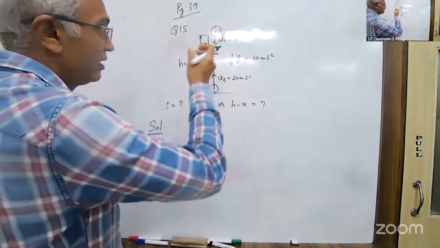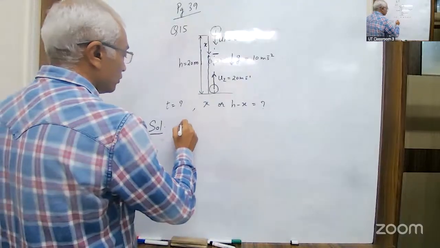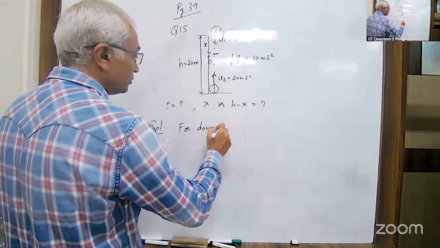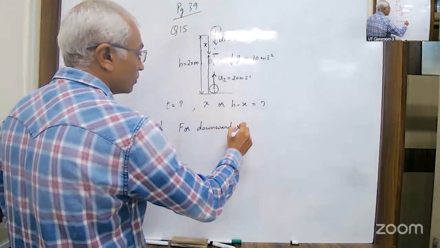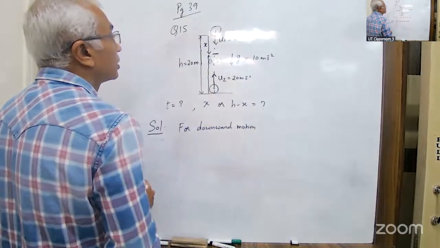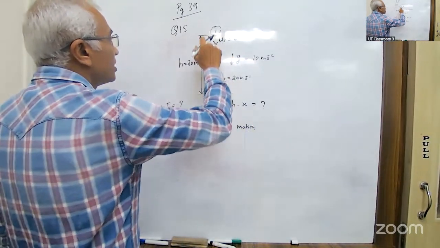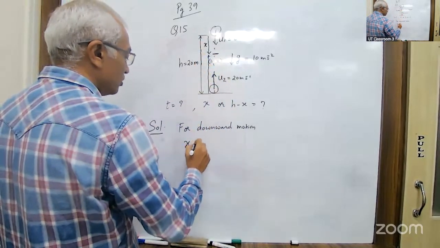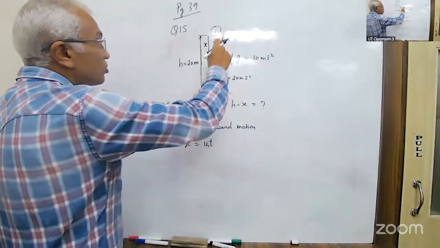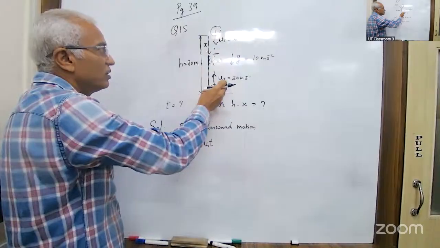Just write the equations for upward and downward motion. For downward motion, what can you write? We have u, we have displacement, so x is equal to ut plus half gt square. Time t is common: at time t this ball reaches here, and at time t this ball comes here.